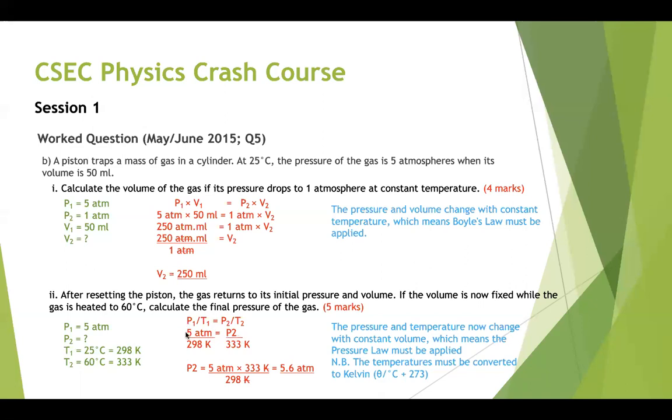So 5 atmospheres divided by 298 Kelvin is equal to P2 divided by 333 Kelvin. So we can solve for P2 by multiplying 5 atmospheres by 333 Kelvin and dividing by 298 Kelvin. When we work this out, it will give us 5.6 atmospheres.